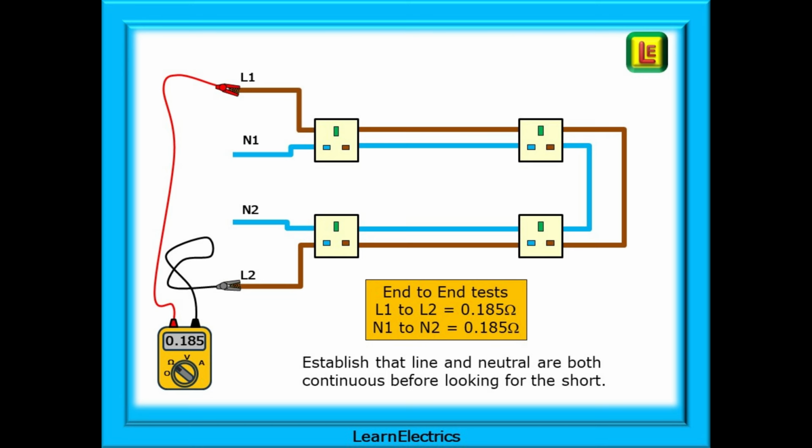Shown here, we've measured L1 to L2, an end-to-end test, at the consumer unit, and have a reading of 0.185 ohms. Now low ohms measure between N1 and N2, and we should see very similar readings. It's the same size copper going to almost the same points on the circuit, so should be almost the same.